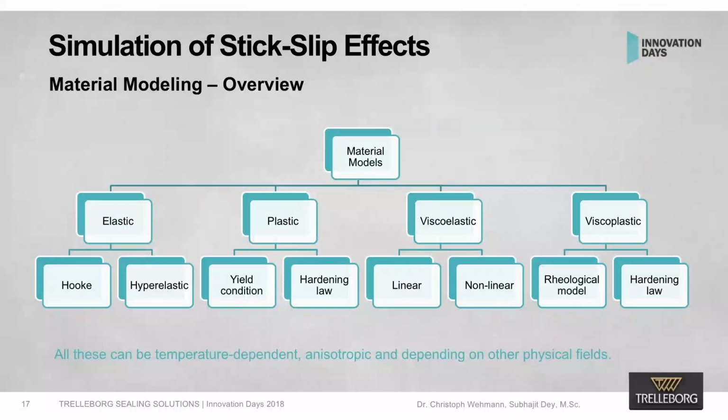Typical material models are Neo-Hooke, Mooney-Rivlin, or Ogden. I made a little overview here following a scientist called Haupt, who said in general we have 4 classes of different material models: elastic, plastic, viscoelastic, and viscoplastic. And with our sealing materials, we have examples for every class, you can say.